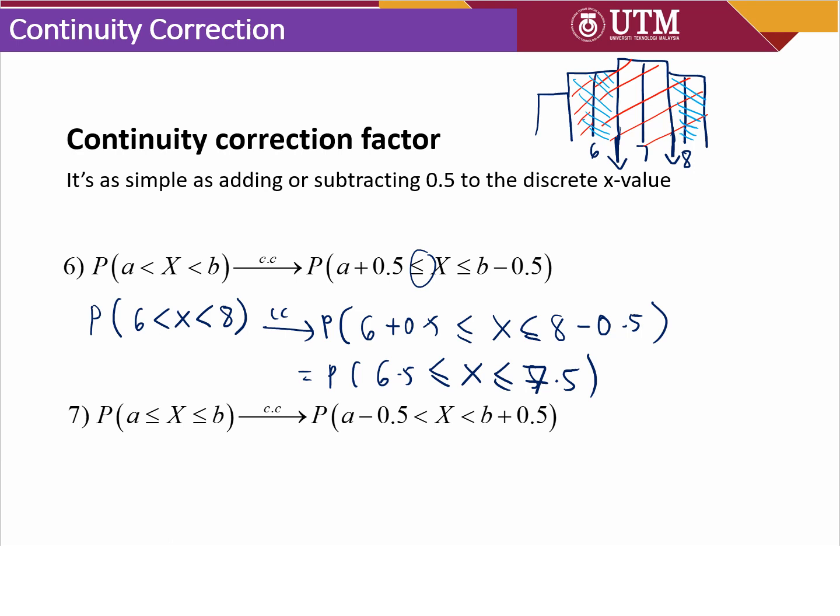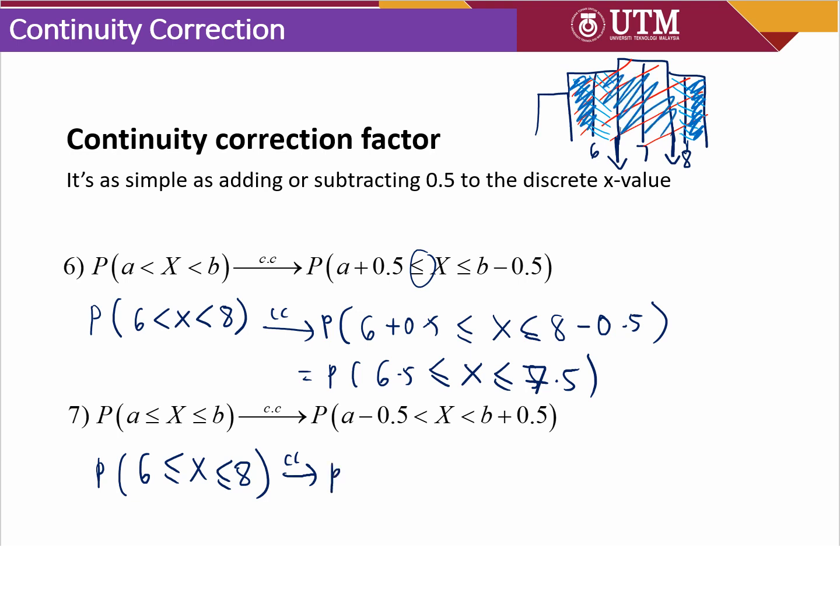So the last one, the probability of 6 to 8, where all of the interval is included. Since it is included, we will start from here and here for all.